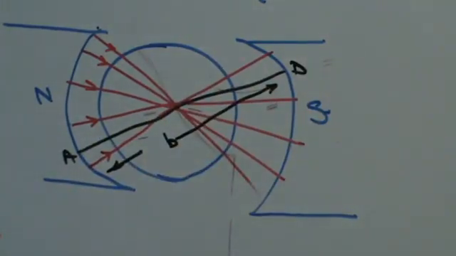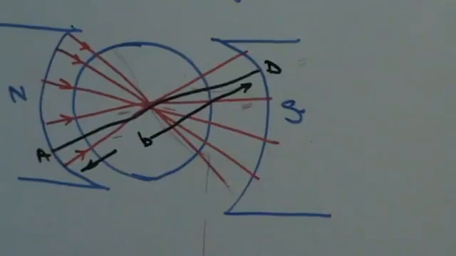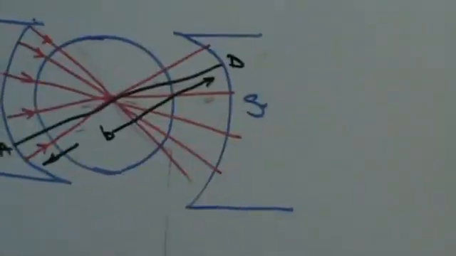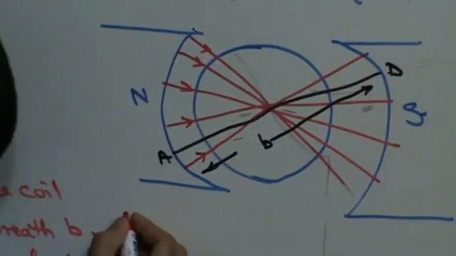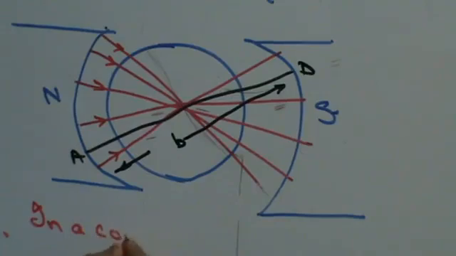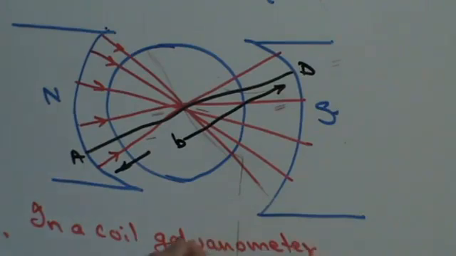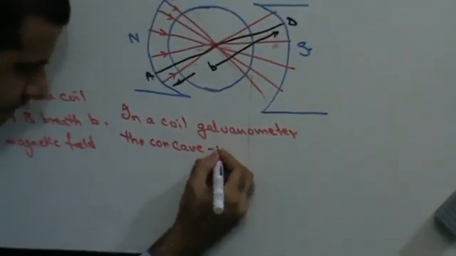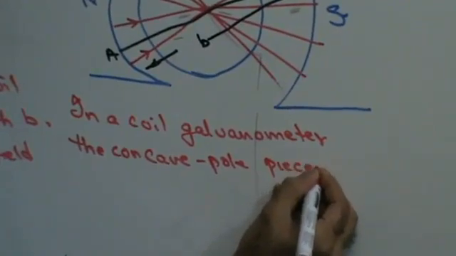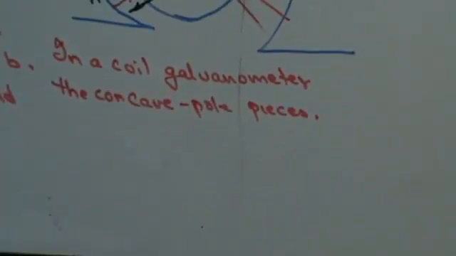Okay. Now what are the forces that are going to be acting here? Let's try to find out the forces acting on a pivoted coil moving coil galvanometer. Now in a galvanometer, I can say that the concave pieces produce a radial magnetic field.